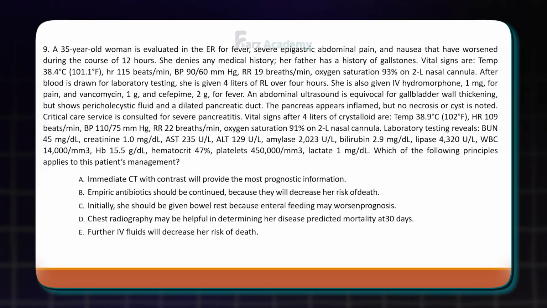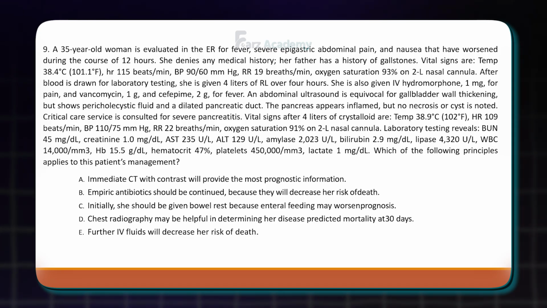Abdominal ultrasound is equivocal for gallbladder thickening, but shows pericholecystic fluid and dilated pancreatic duct. Pancreas appears inflamed, but no necrosis or cyst is noted. Critical care service is consulted for severe pancreatitis. Vital signs after 4 liters of crystalloid: temperature is 38.9, heart rate 109, BP comes up to 110/75.